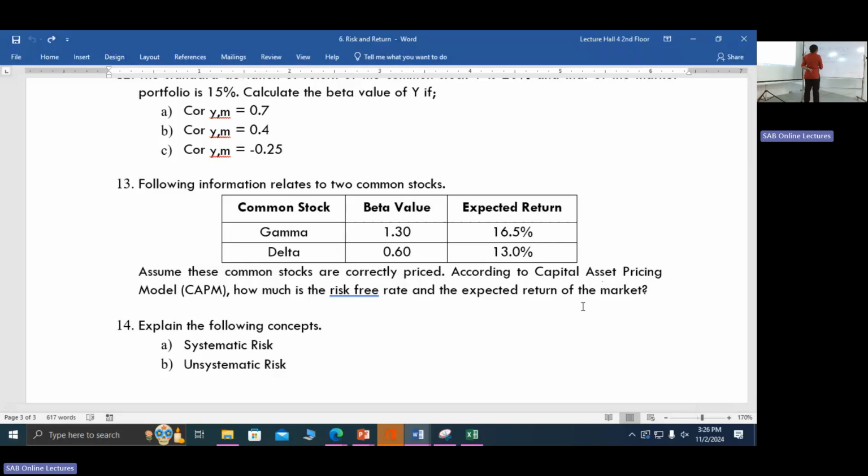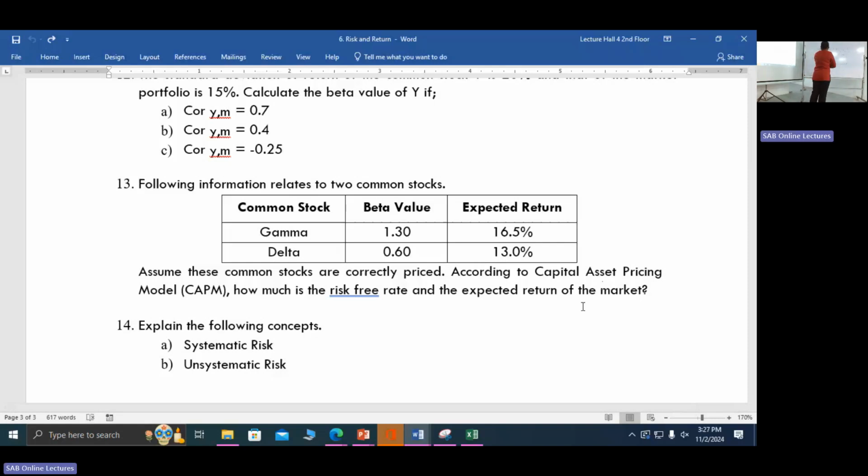So in the second formula, 13% is equal to, instead of the risk-free rate, now we are writing this: 16.5 minus 1.3 into market risk premium, plus 0.6 into market risk premium. Now you can solve.